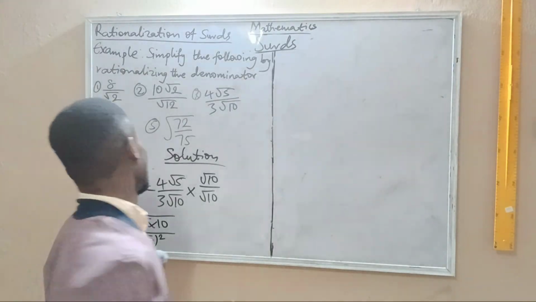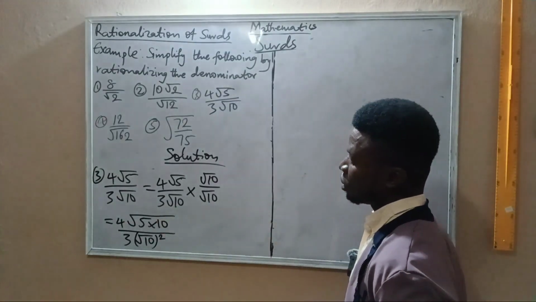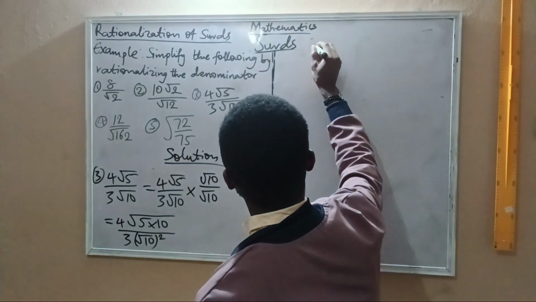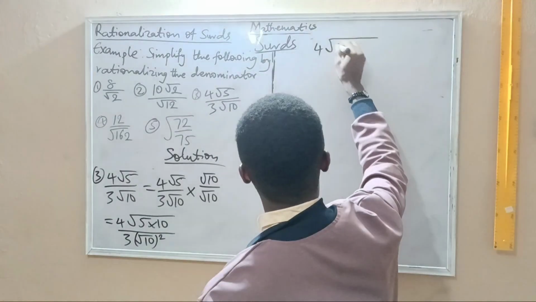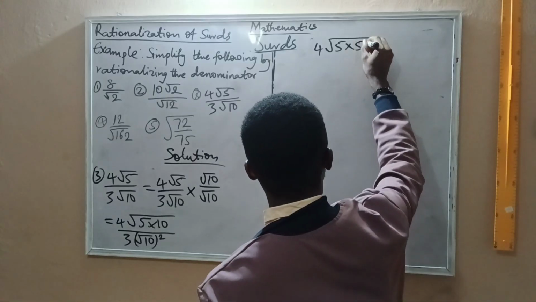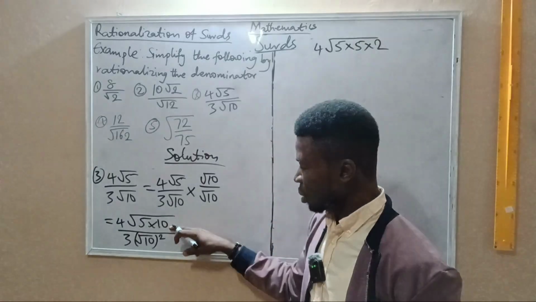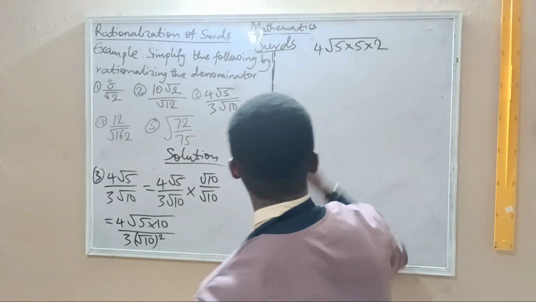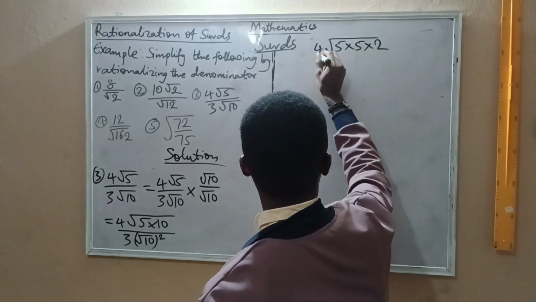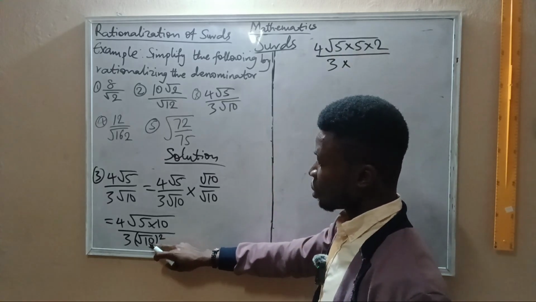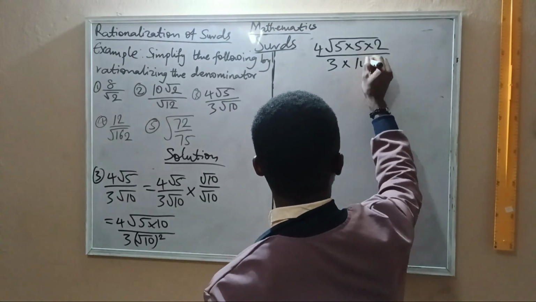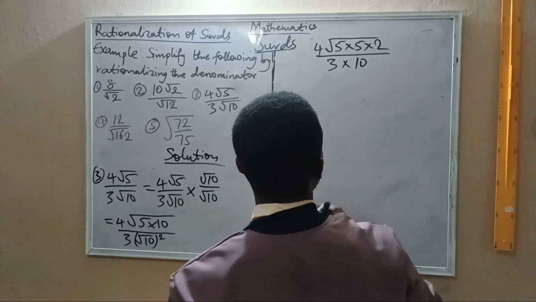Yes, right. Now, the upper one, we have the numerator, we have 4 sod 5 times 5 times 2. If you divide 10 with 2, we get 5. That is just 5 times 2. All over 3 times sod 10 square, which is 10.